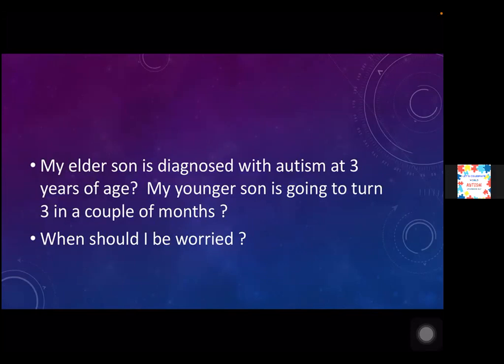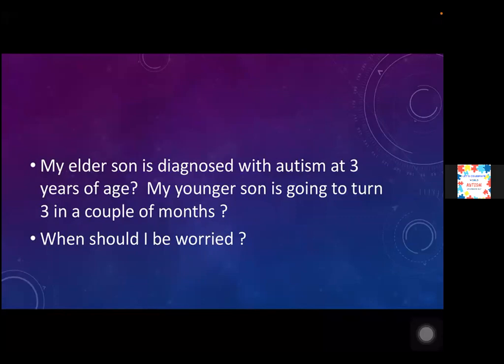The second question is, my elder son is diagnosed with autism at 3 years of age and my younger son is going to turn 3 in a couple of months. When should I be worried? We need to understand that autism has a genetic component as well as an environmental one.